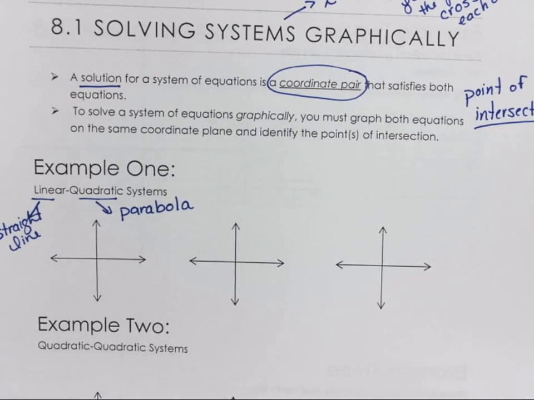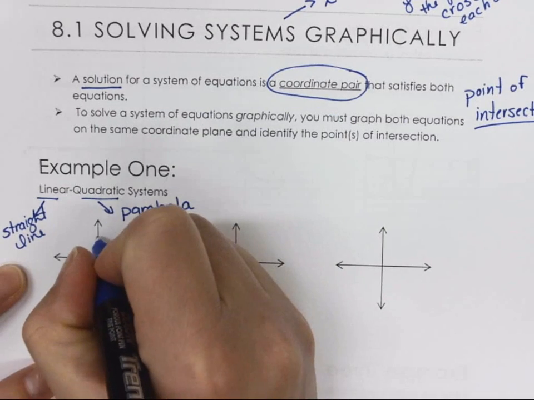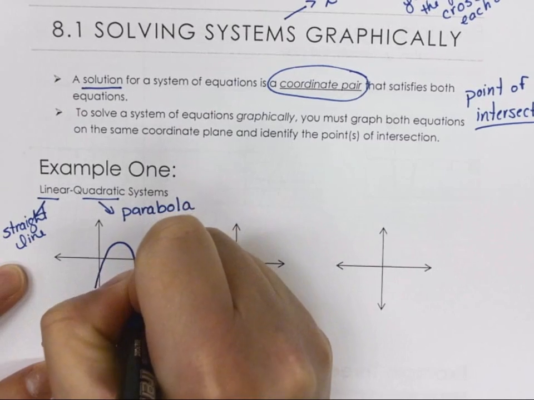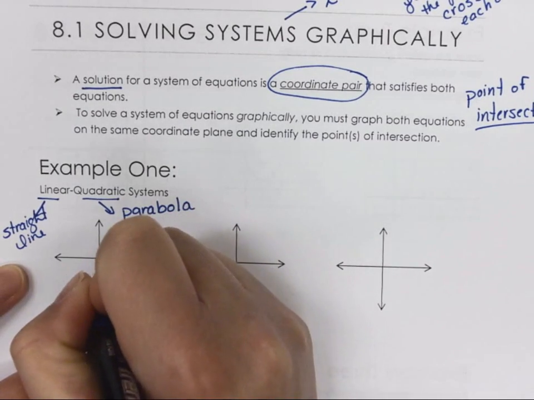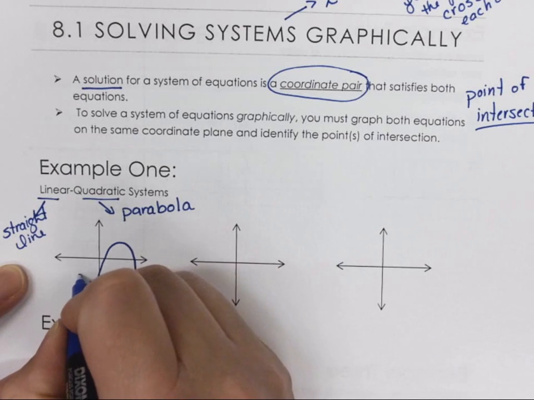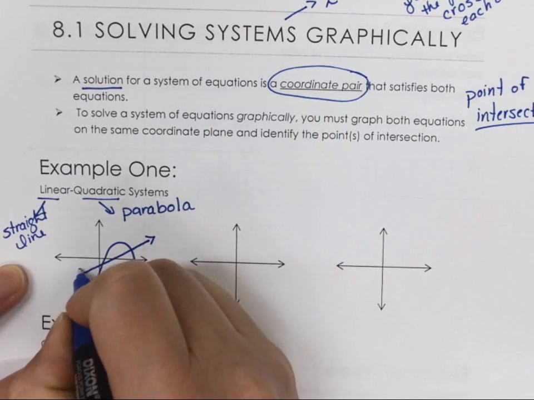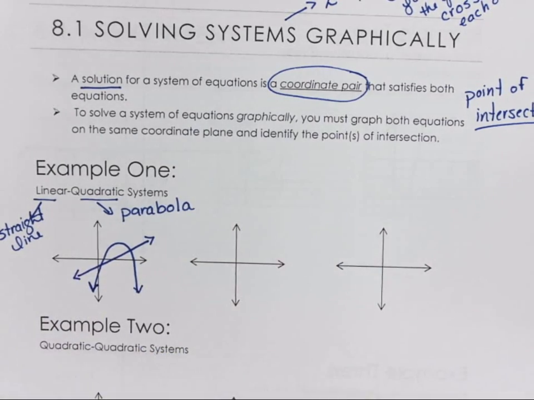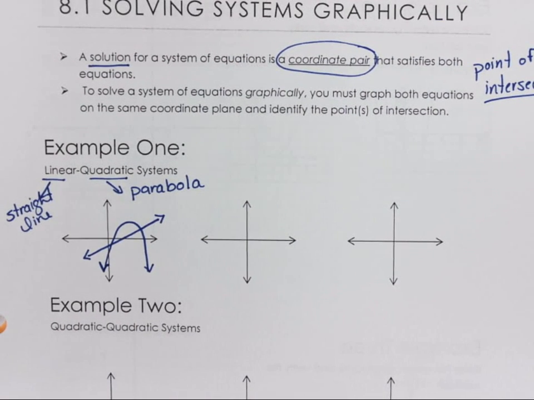All right, so really cool. I'm just going to put a parabola on here. I know you're super excited. So in a linear quadratic system, how many solutions does that system have? It has 2.